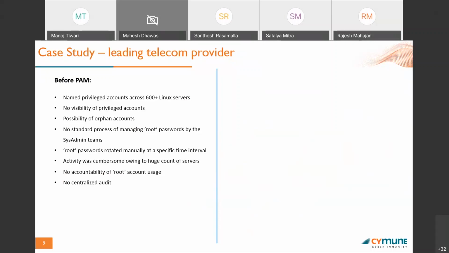He was not using the generic account, but he was using named accounts. But what we found when we ran a discovery using PAM across all the 600 servers was that on each server there were around 30 to 40 named accounts.